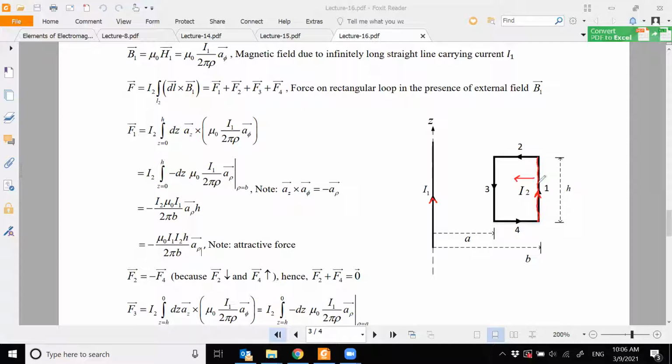I'm not referring to only this part, this small current element. Similarly, the force exerted on this one due to this one will also be in this direction.